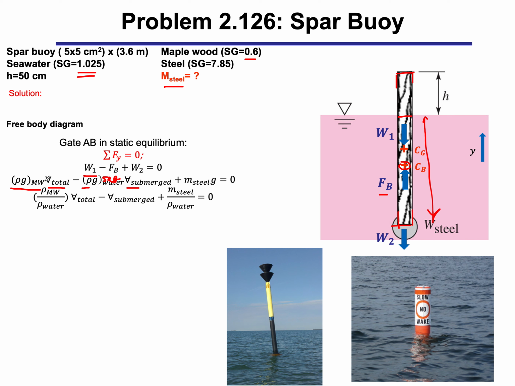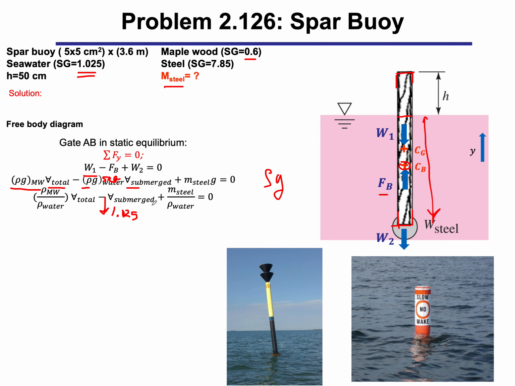So here you get the density of the maple wood divided by the density of the water. G cancels out. And here I should have the specific gravity of seawater. So I'm missing too many typos today. 1.025. So it should be there.